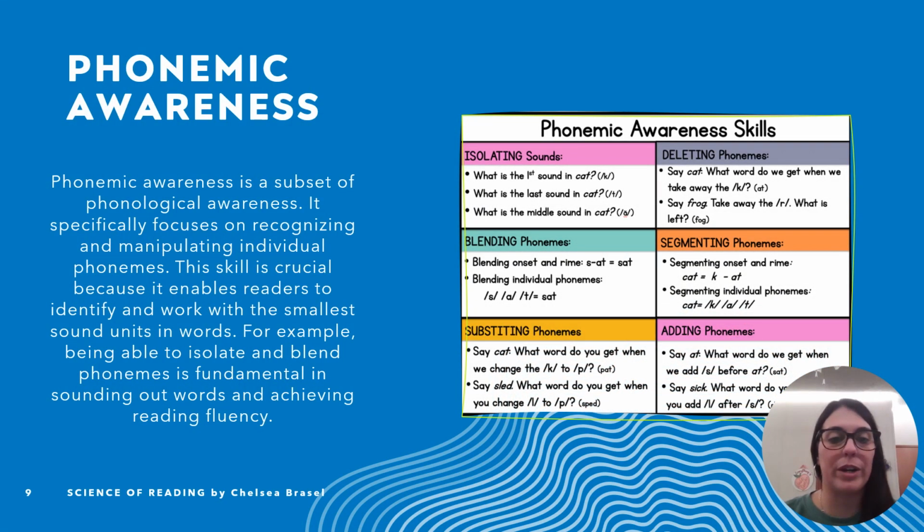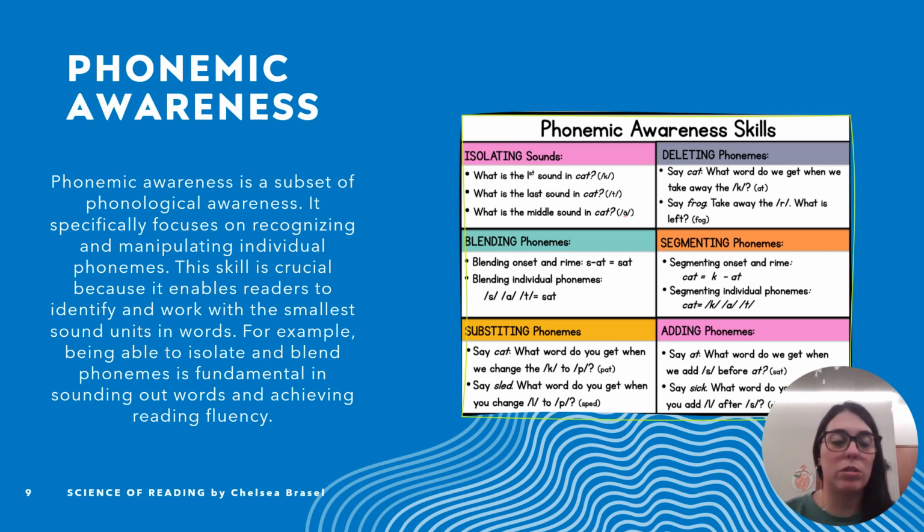So phonemic awareness, like I said, is a more advanced subset of phonological awareness, which focuses specifically on identifying and manipulating individual phonemes, which are the smallest units of sounds within words.